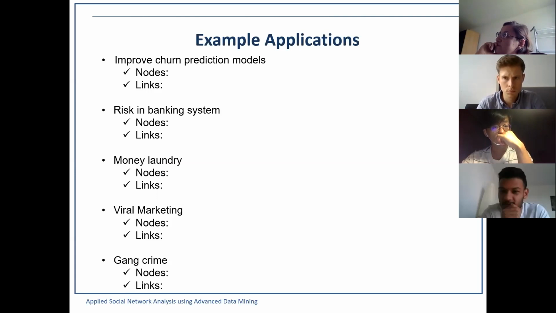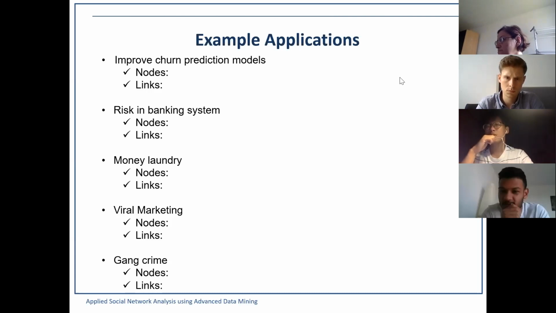The case I chose, churn prediction in telco, is the obvious case. But I want you to be more creative. Like, for example, the recipe case. It's not obvious that social network analysis could help to analyze recipes or the behavior of football players.